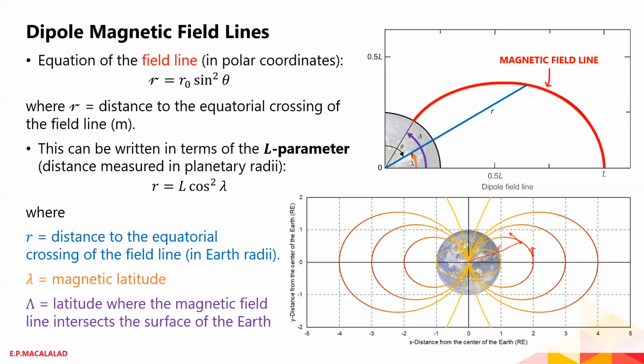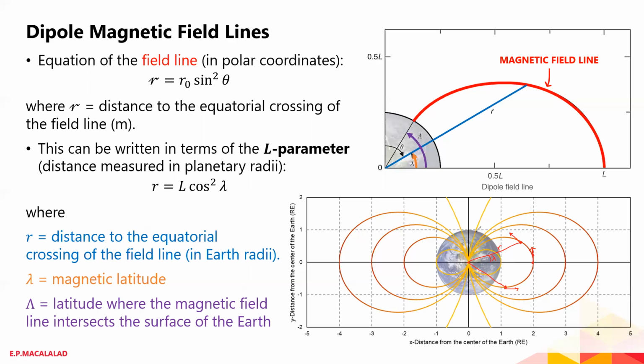At different latitudes, so this is your latitude, the direction of the magnetic field at certain points will be different. For example, at the equator, the magnetic field line is horizontal with respect to the surface. But at higher latitudes, the magnetic field line either points downward towards the surface, or for example, here, the magnetic field points upward with respect to the surface.